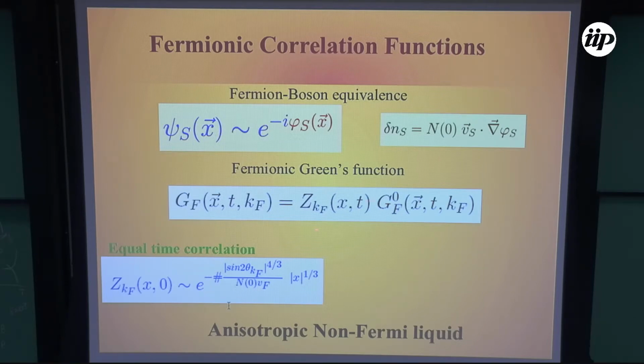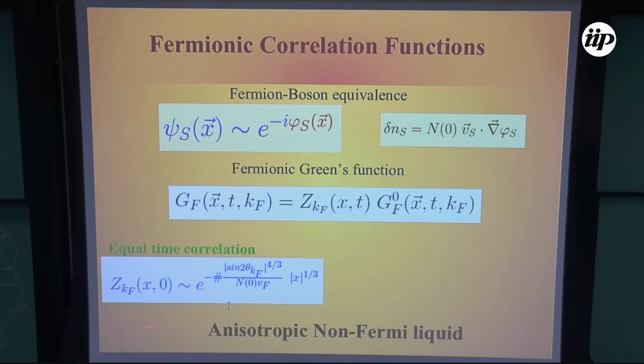This z is quite hard to compute at the critical point. We could compute it in some cases, for instance, the autocorrelation. If you put t equals 0 and compute for large x, you see that you have a function that decays as x to the 1/3. And this is quite strange, because it's not a gap. A possibility when you have a phase transition is that the system opens a gap and you have an insulator or something like that.